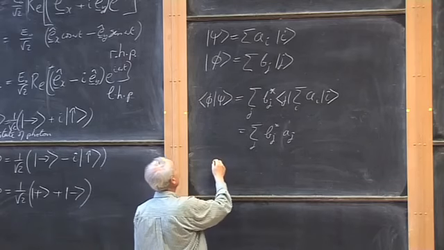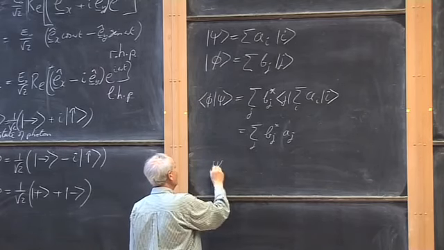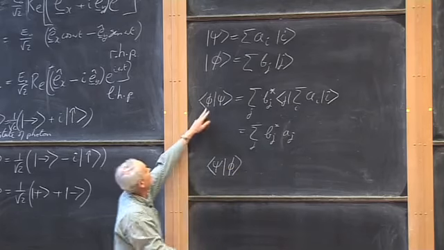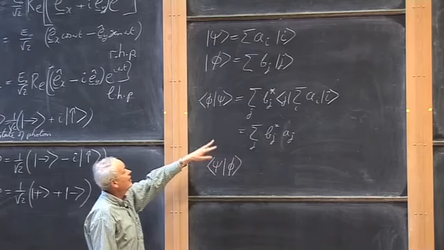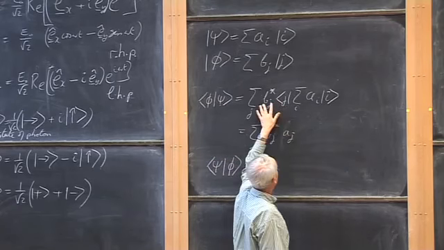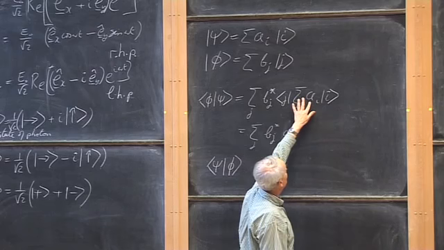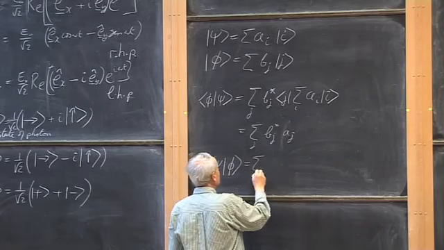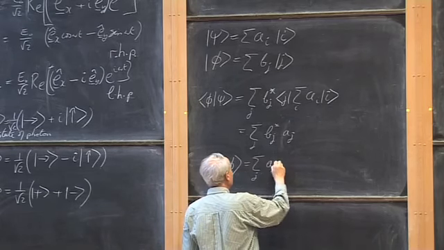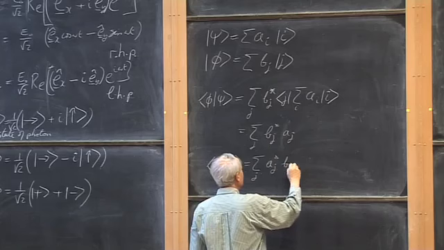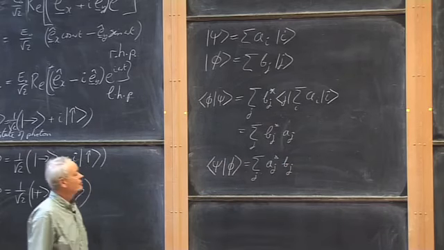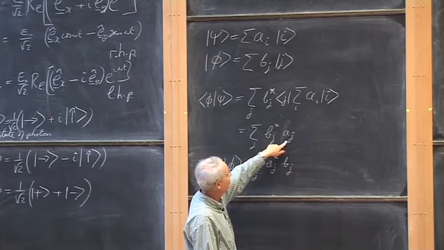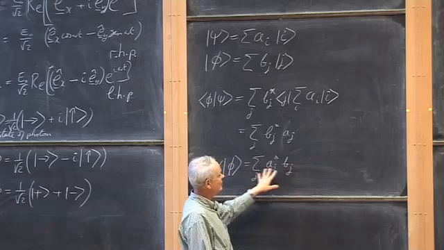The thing I want to say at the moment is, supposing I worked out the other thing. I worked out <psi|phi> instead of <phi|psi>. Then everything would be the same here, except that this will be an Aj star, and that would be a Bj. And we would be looking at the sum over j of Aj star Bj. But this is the complex conjugate of this by the rules of complex conjugation, because this is just a sum of complex numbers.